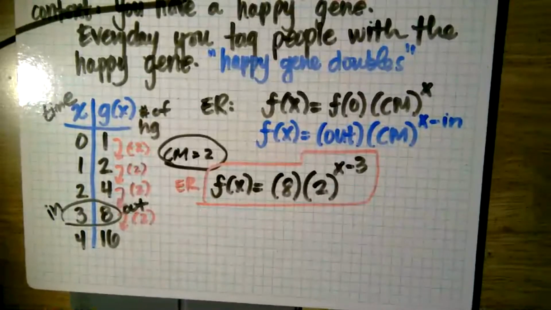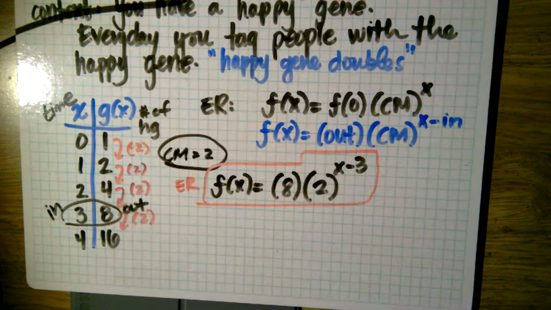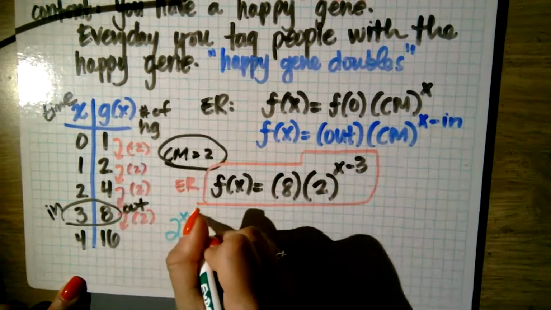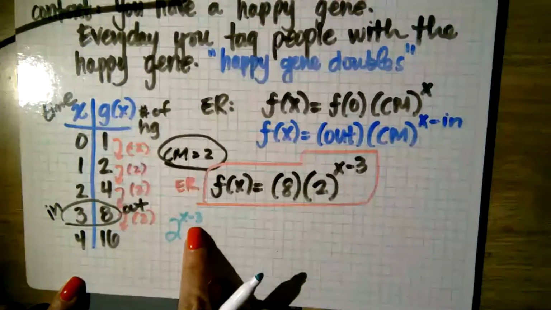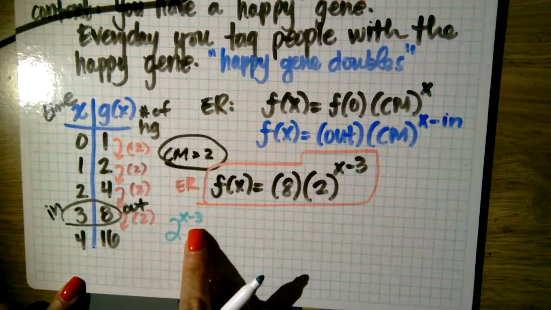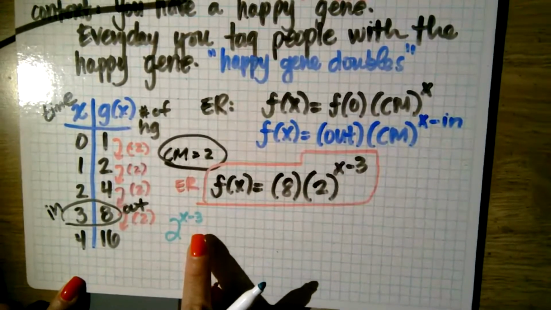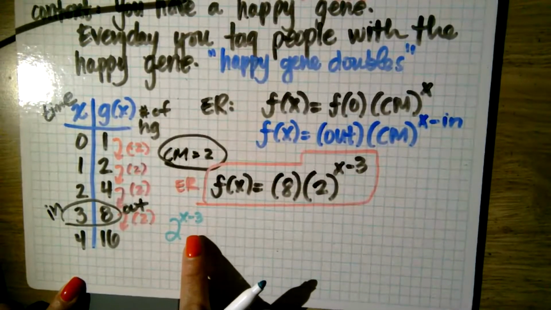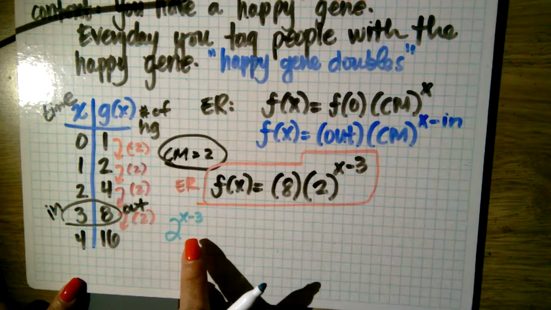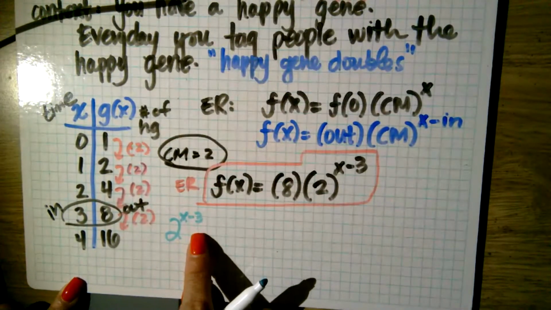But I'm going to go ahead and take my 2 to the x minus 3, and I'm going to notice that I have subtraction in my powers, which means I'm able to use my subtract rule. Again, if you haven't seen that video, pause here, go back to see my exponent rules video, and then come back and resume this.